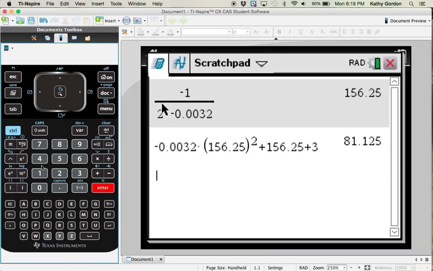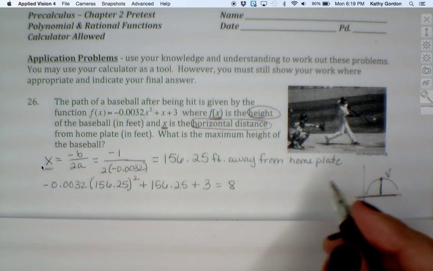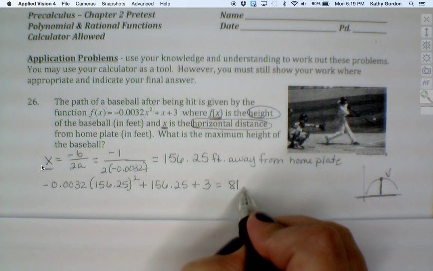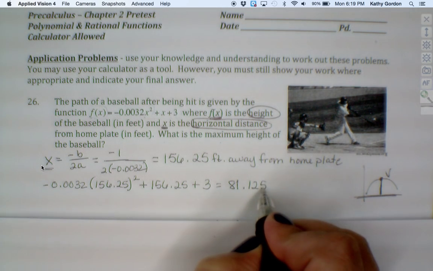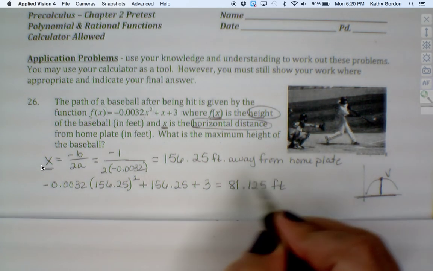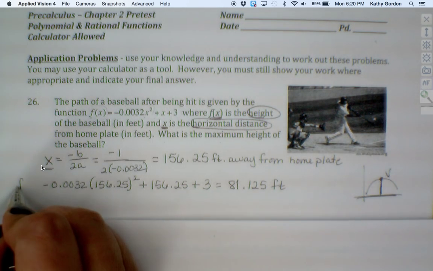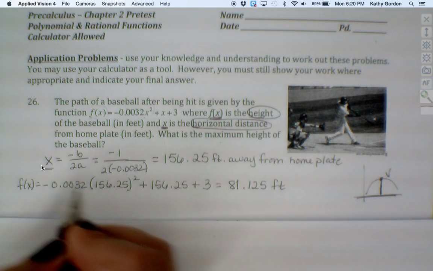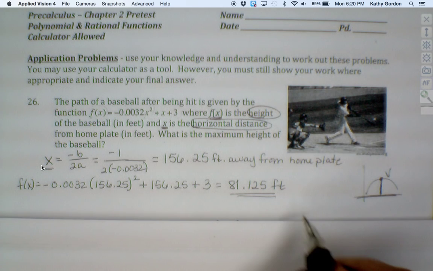Hit enter, and we end up with a result of 81.125. This is our y, or our f of x value, and so this is the maximum height that we're looking for.